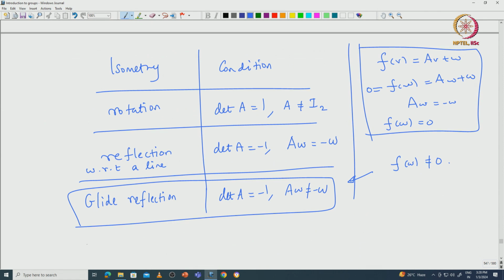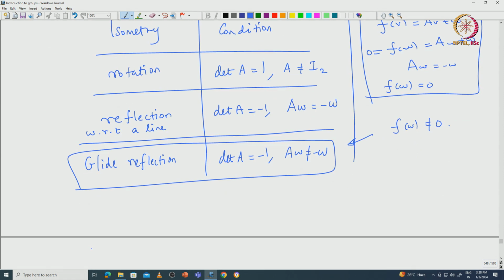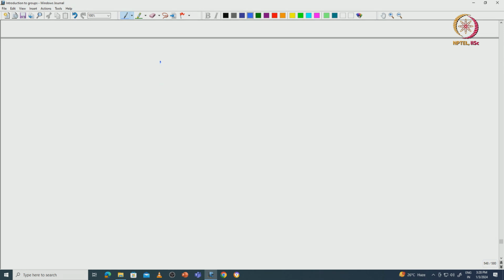Again, if you take this bigger group, isometries of R2, as we noticed, there are two already important subgroups that we have seen. One is O of R2 that naturally sits inside isometries of R2, and there are these translations T_v, where v comes from R2. This also sits naturally inside isometries of R2.